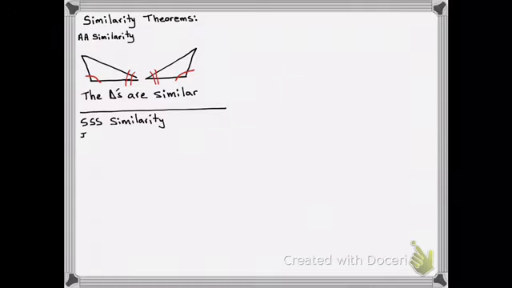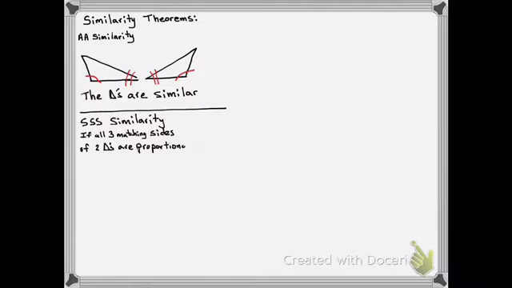This says, if all three matching sides, and that's important that we have it as matching sides, if all three matching sides of two triangles, not congruent, but are proportional, and I spelled proportional wrong, proportional, there we go.